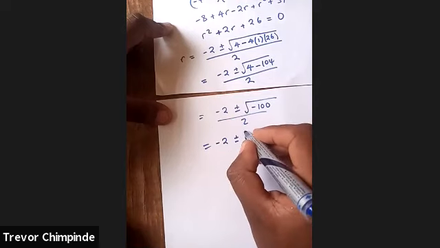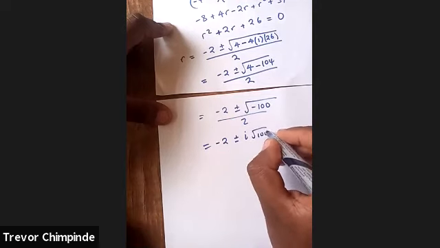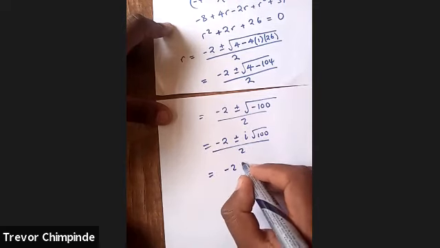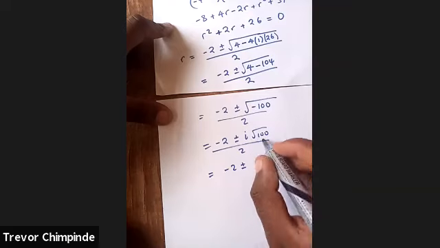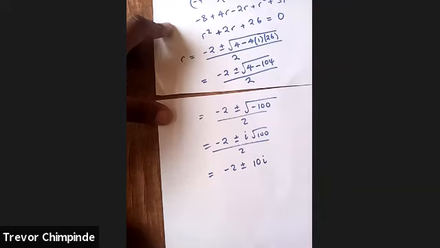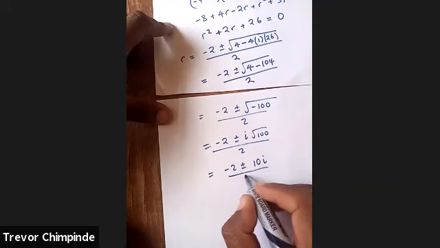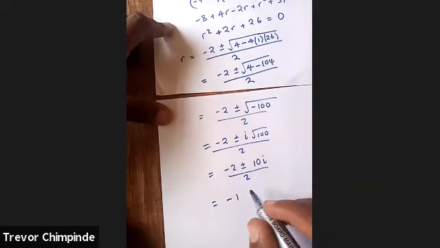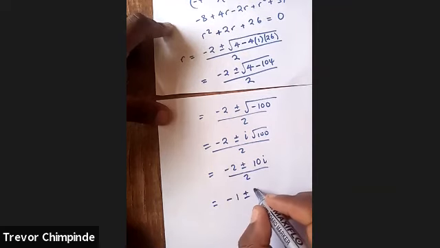So this will be i and the square root of 100 over 2, minus 2 plus or minus. The square root of 100 is 10. So this will be 10i over 2. So what you get is minus 1. If you divide by 2, it's minus 1 plus or minus 5i.